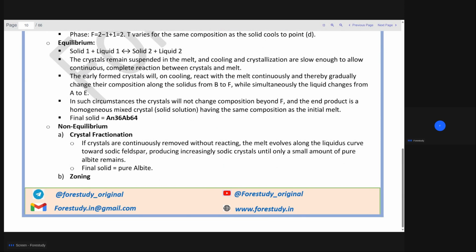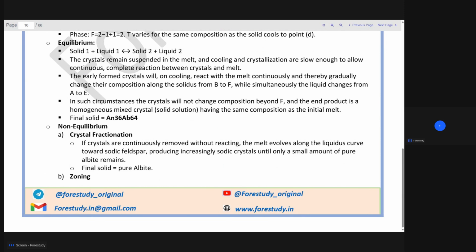So if we remove the plagioclase crystals as they form, which can happen by making them sink or float, the melt can no longer react with the crystal. The melt composition continues to vary along the liquidus as new plagioclase crystallizes along the solidus.